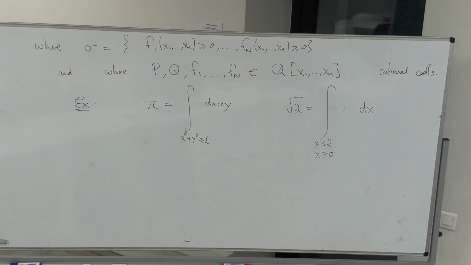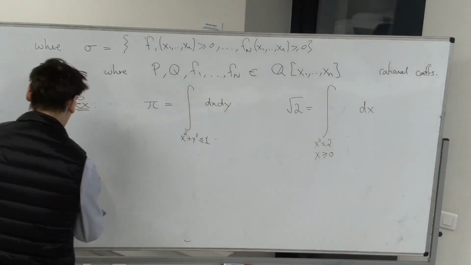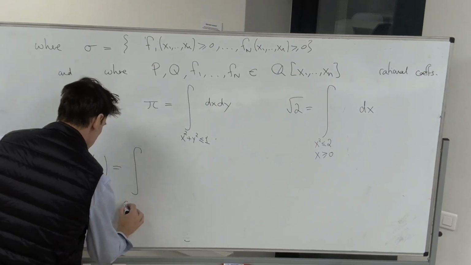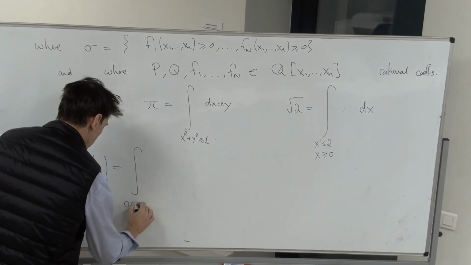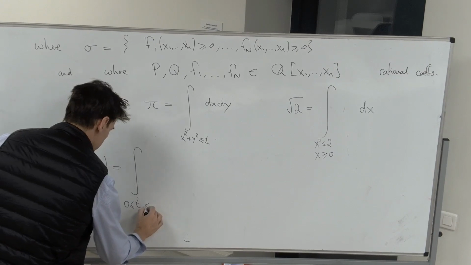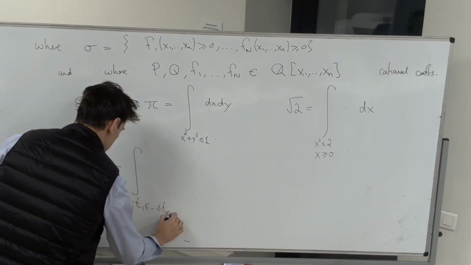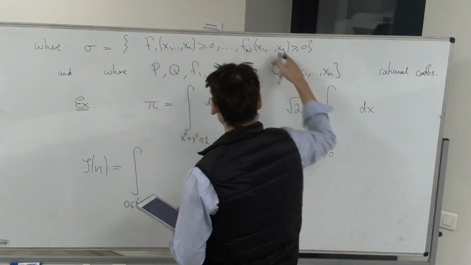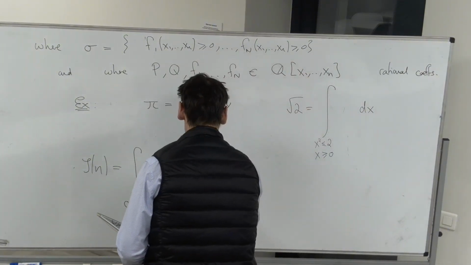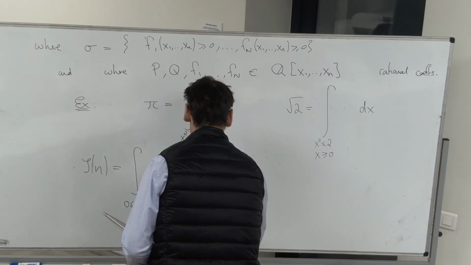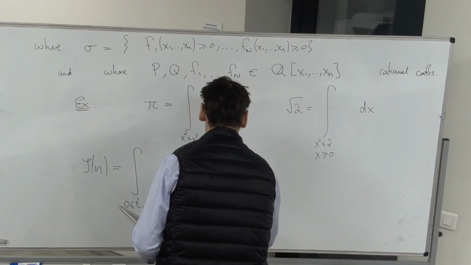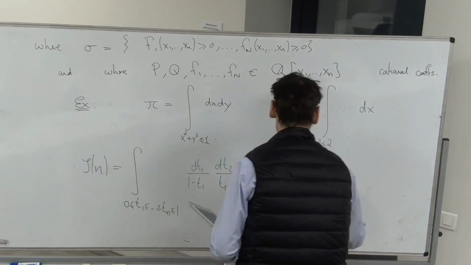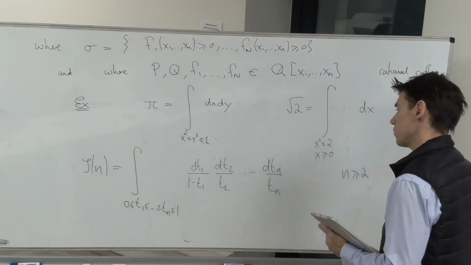Then the values of the Riemann zeta function. There are many different ways to write it, but here's one. So this you can translate into this sort of thing, dt1, and n is bigger than or equal to 2.